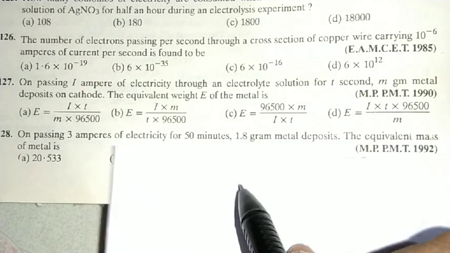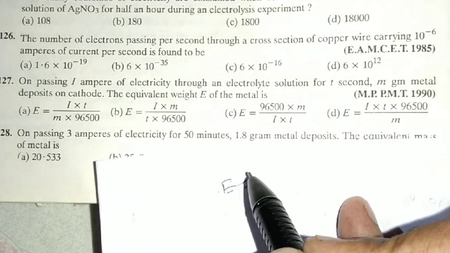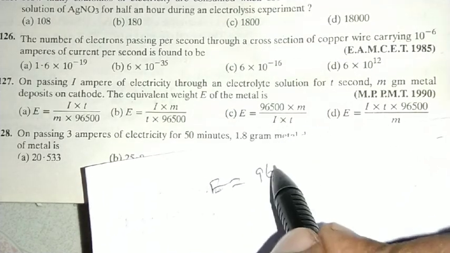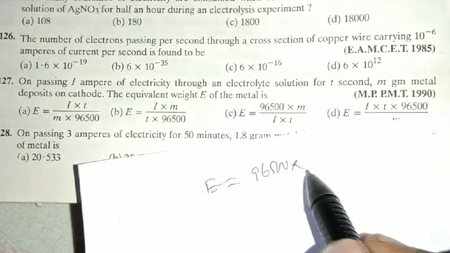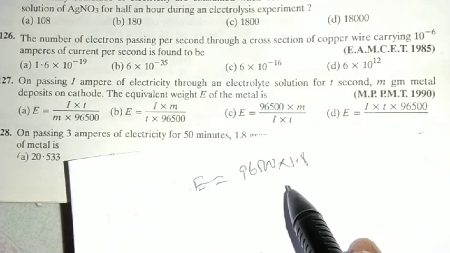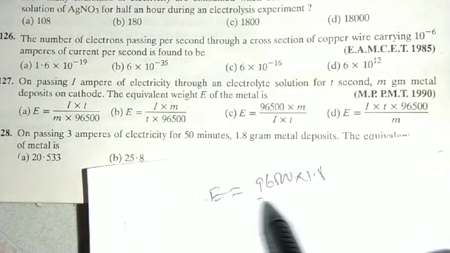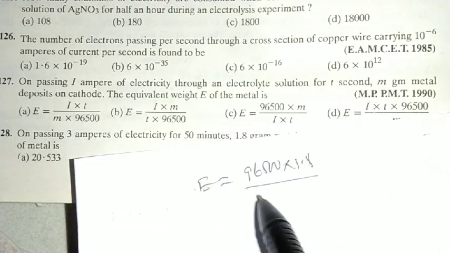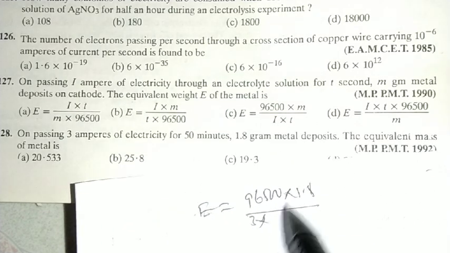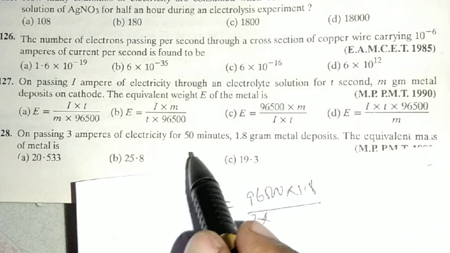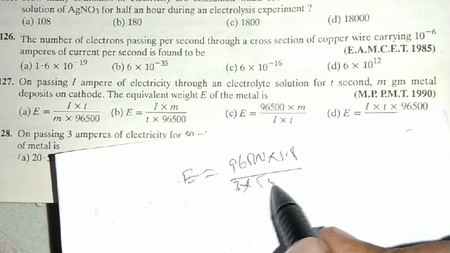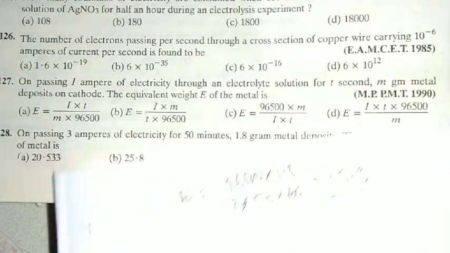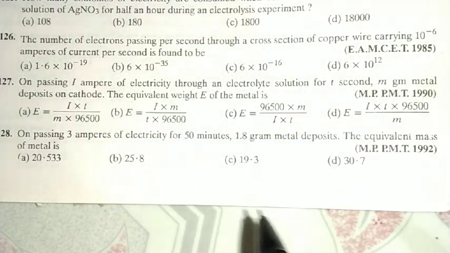They asked for the equivalent weight, so E equals 96,500 coulombs times m, which is 1.8 given, divided by the I value, 3 amperes given, into the time value, 50 minutes, that means 50 into 60. If you simplify, you'll get 19.3. Direct substitution. Is it okay?